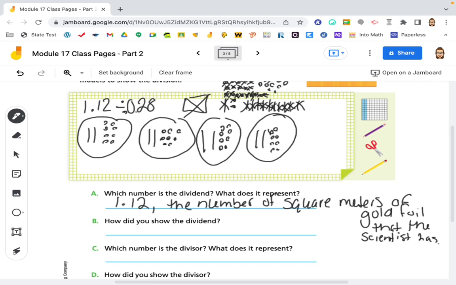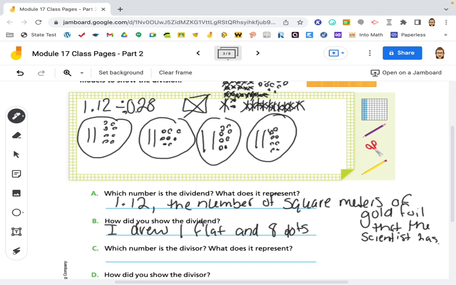How do you show the dividend? I drew one flat and 8 dots.